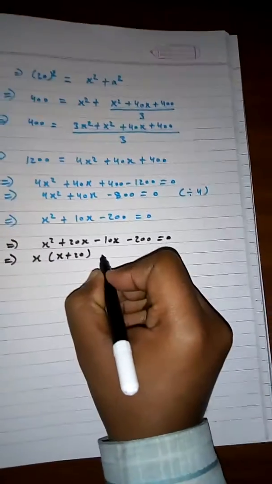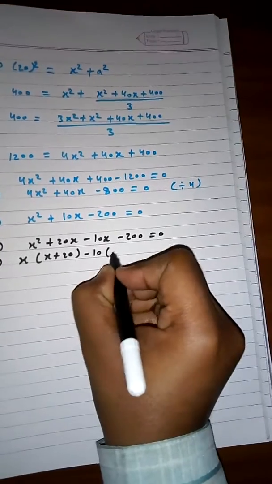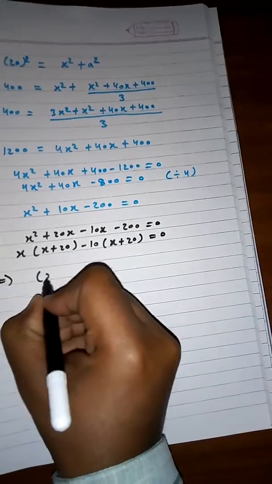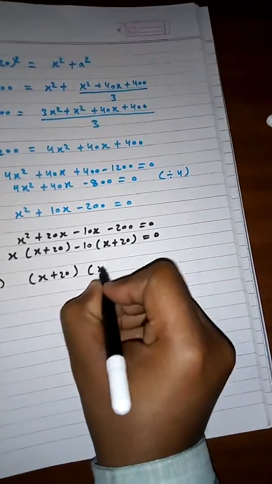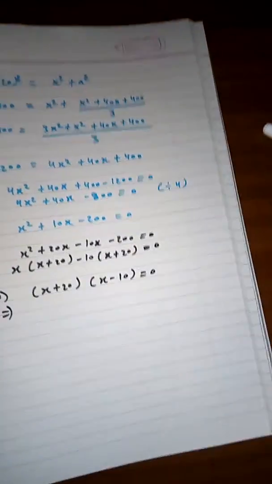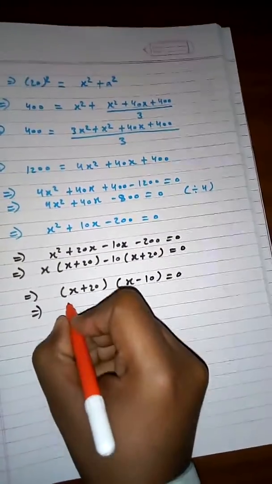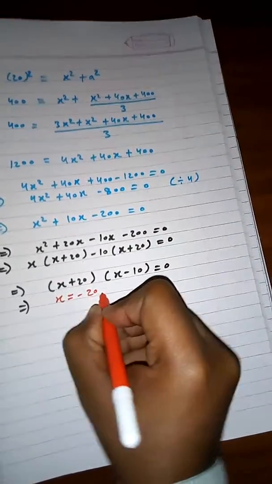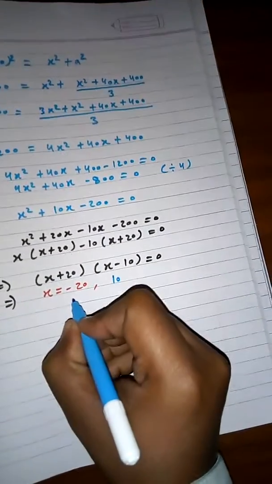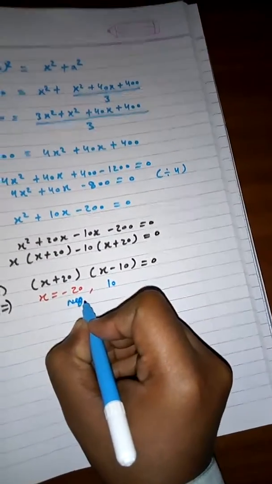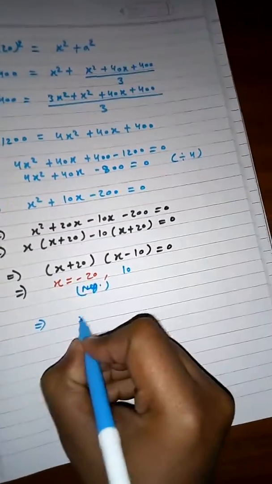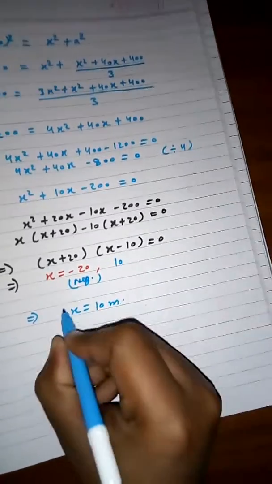Now here minus 10 is common. It becomes x plus 20 equals 0. So the two factors are x plus 20 and x minus 10 equal to 0. By this we got two values of x, that is minus 20 and 10. The value minus 20 gets neglected because length can never be negative. Now we got the value of x, which is 10 meters.